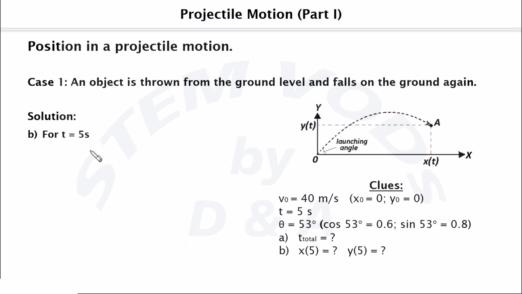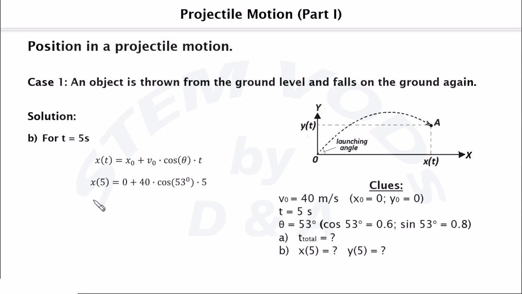To find the position of the object after 5 seconds of motion, we simply substitute t equals 5 seconds in the equations of motion for each direction. The object will be somewhere at point A, as shown in the figure. Thus, the horizontal position after 5 seconds is x(t) equals x0 plus v0x times t, that is x(t) equals x0 plus v0 times the cosine of theta times t.